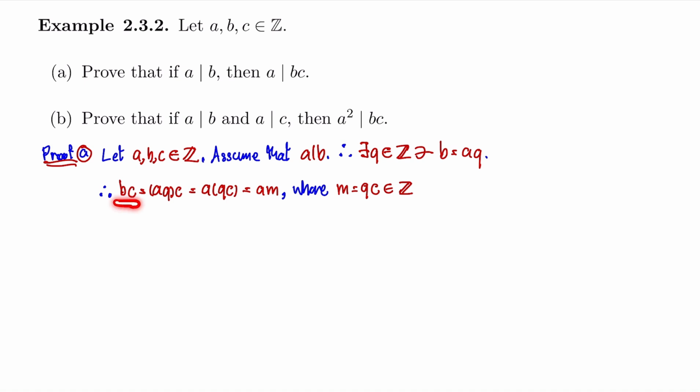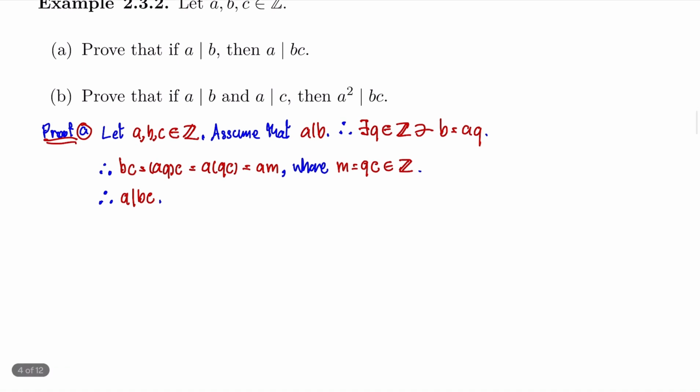Now we have BC equals A times an integer. That means that A divides BC, okay? So A divides BC. So that's what we have. This is the proof of A.